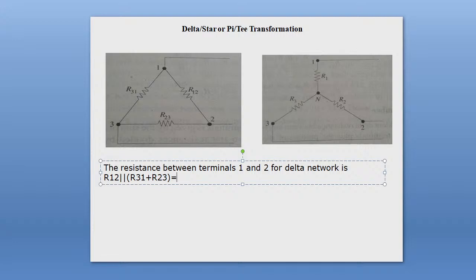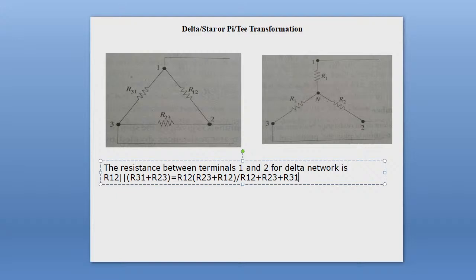So therefore we can write, for parallel combination the resistance is nothing but the ratio of the product of the resistances divided by their sum. So we can write R12 into (R23 plus R31) divided by their sum, R12 plus R23 plus R31.